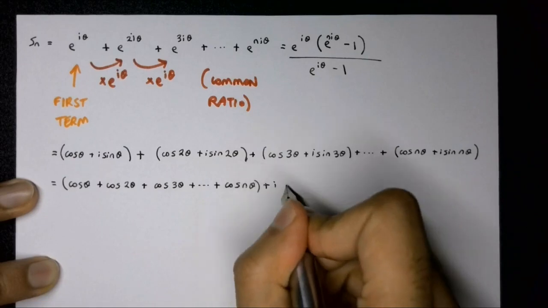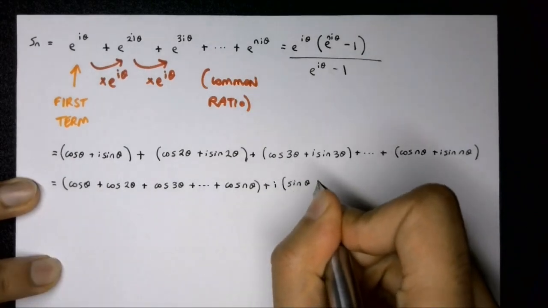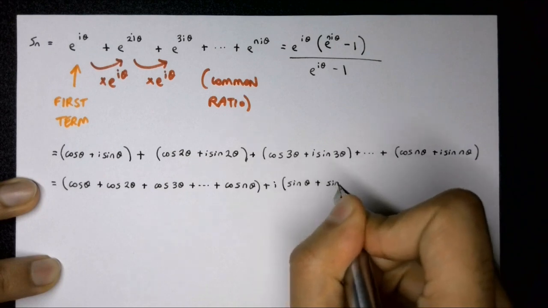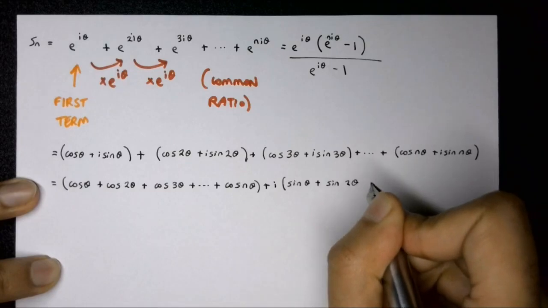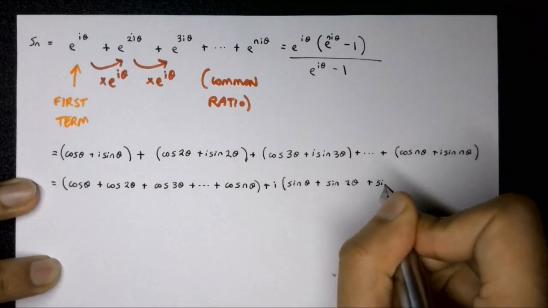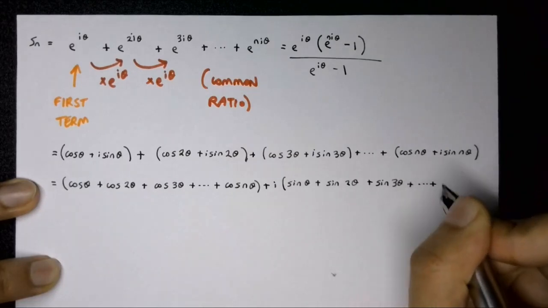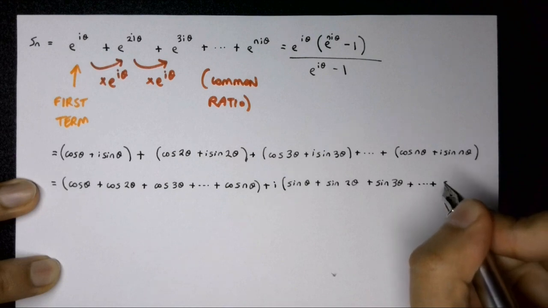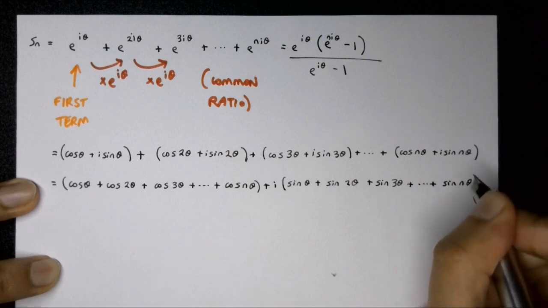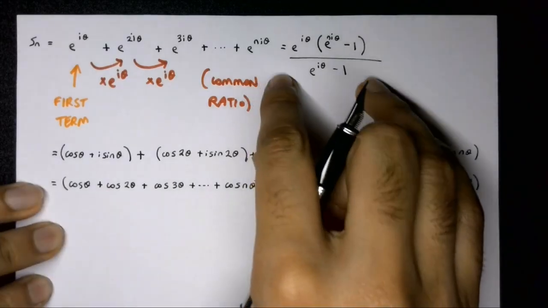And then for the imaginary terms, we've got sine theta plus sine 2 theta plus sine 3 theta, and then we continue this up until the nth term where we have sine n theta. And we know that all of this is equal to this.